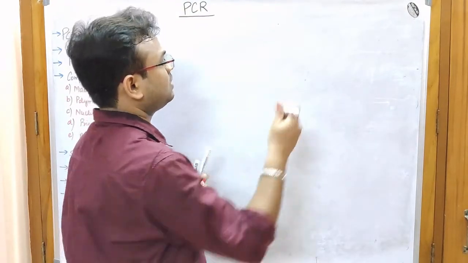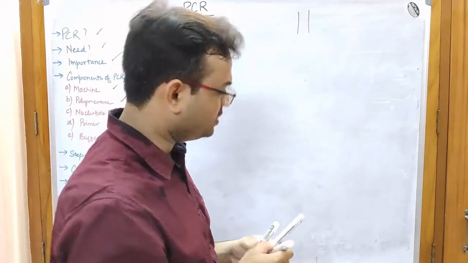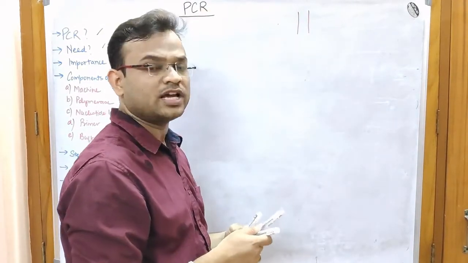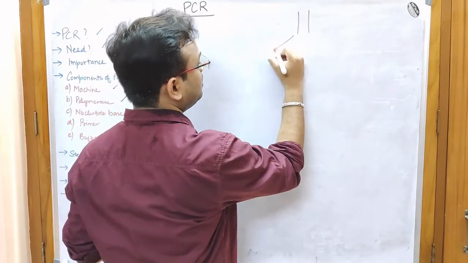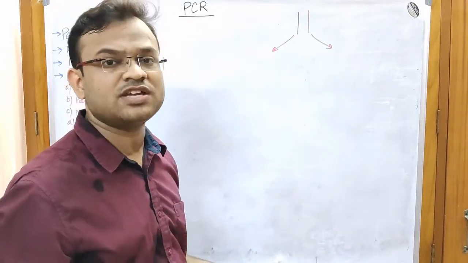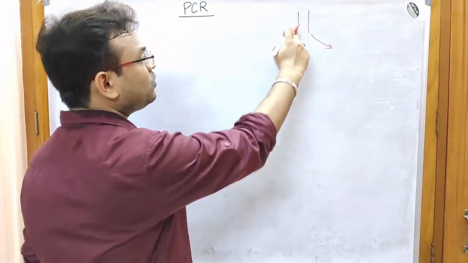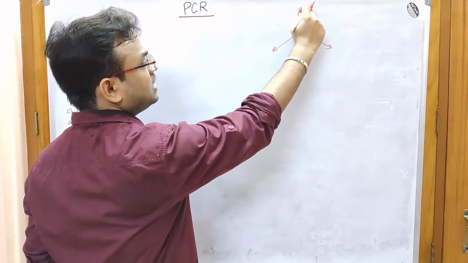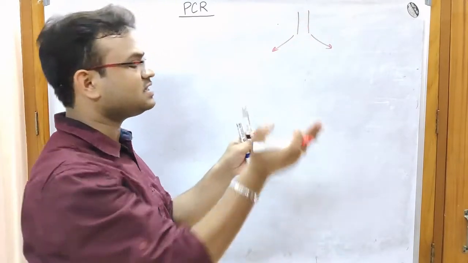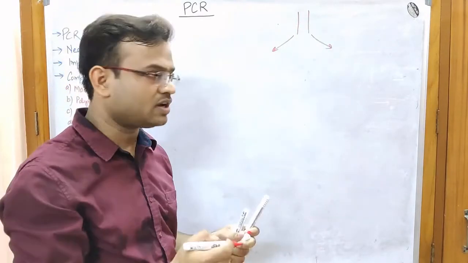Suppose these were the two strands that we started with, right? What are we now expecting? We have done the polymerase chain reaction. So as I had shown you earlier, one of these strands would again serve as a template for another strand, and this would also serve as a template for another strand.